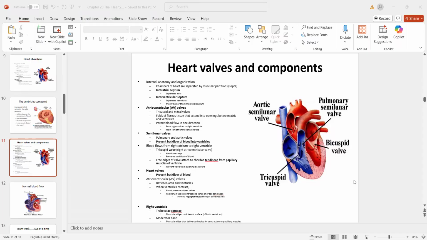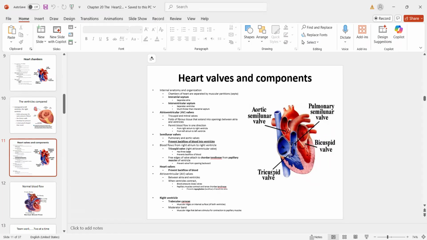The atrioventricular valves prevent the backflow of blood from the ventricles to the atria when the ventricles are contracting. When the ventricles contract, blood moving back toward the atria swings the cusps together, closing the valves.